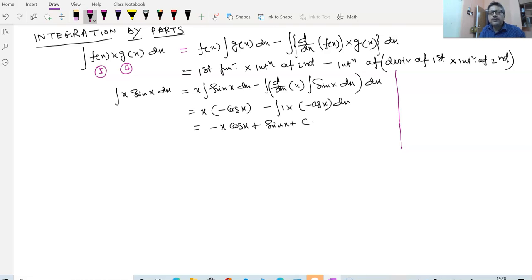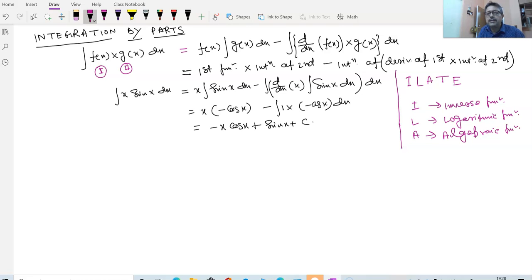Actually, it follows from this convention, whatever you say, that is called ILATE. In ILATE, I stands for inverse function, L stands for logarithmic function, A stands for algebraic function, T for trigonometric, and E for exponential.